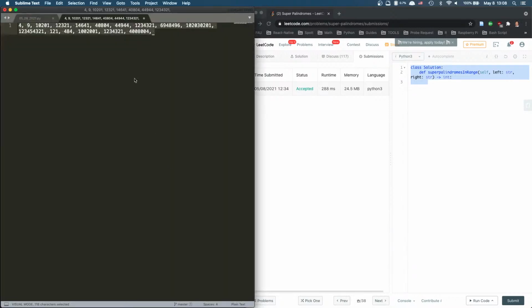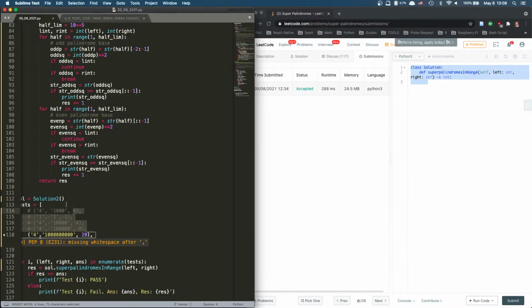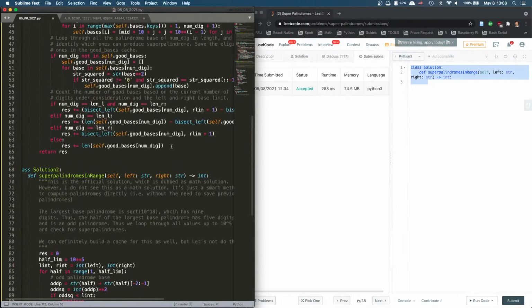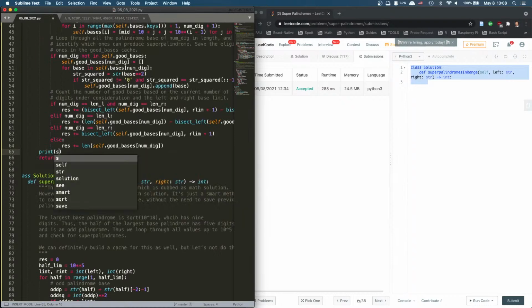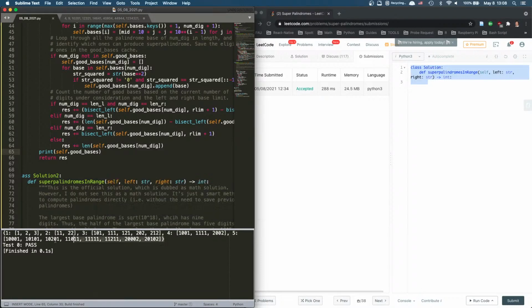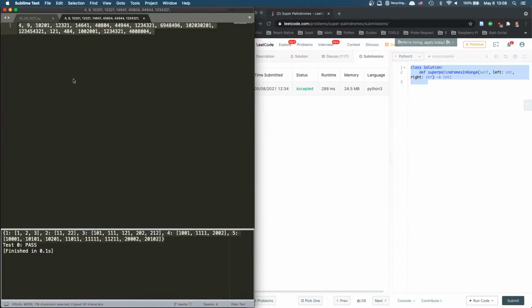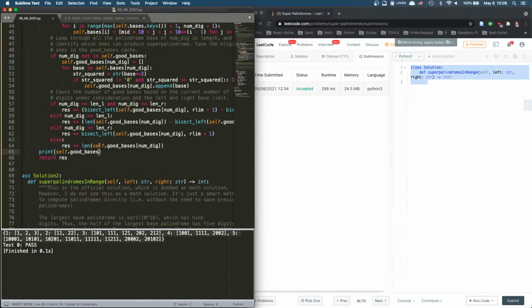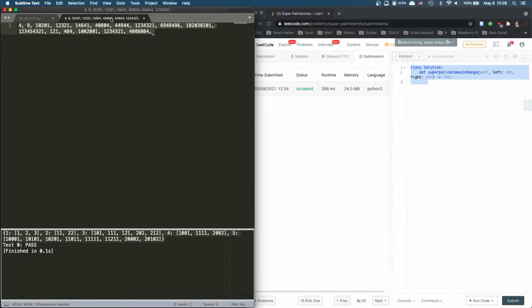Okay, now we're gonna swap to solution 1, and we're gonna print self.goodBasis. Okay, so that's what we have. Yeah, we can actually just do it here.